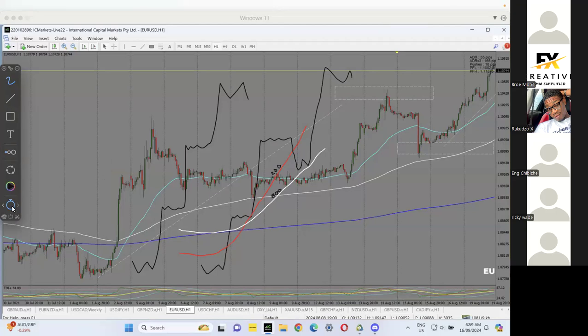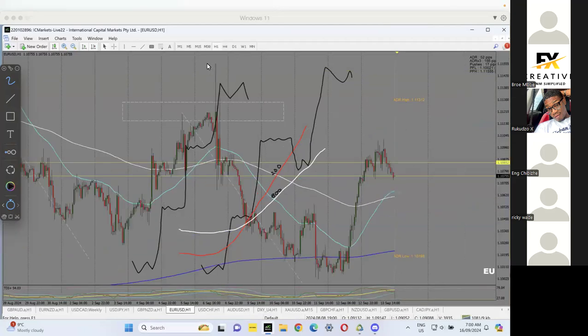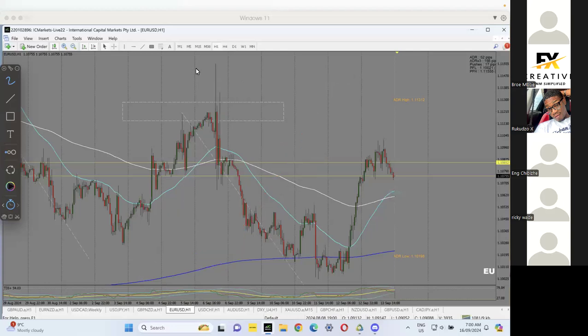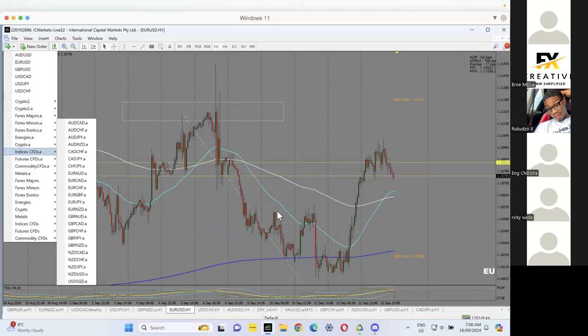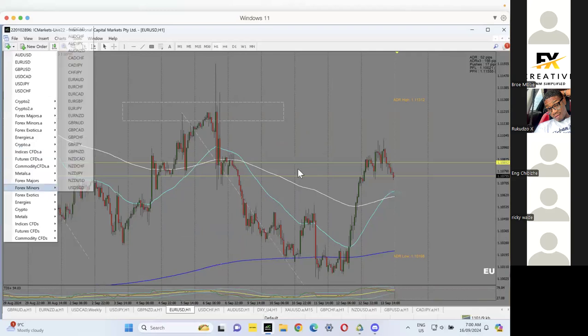All right. Let's see if we can find anything. Hold on a second. Let's see if we can find something. I think I once saw something on USD MXN, if I'm not mistaken. Let's see if we can find it here.